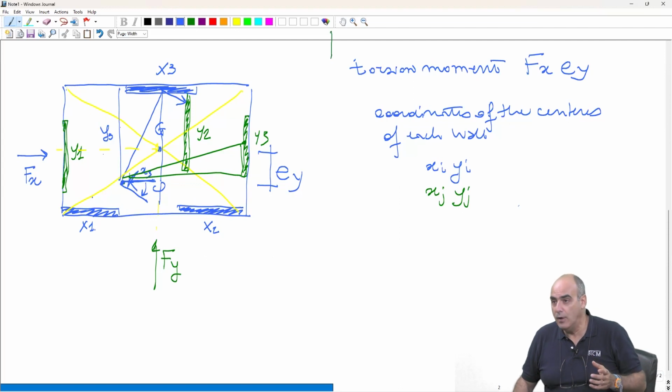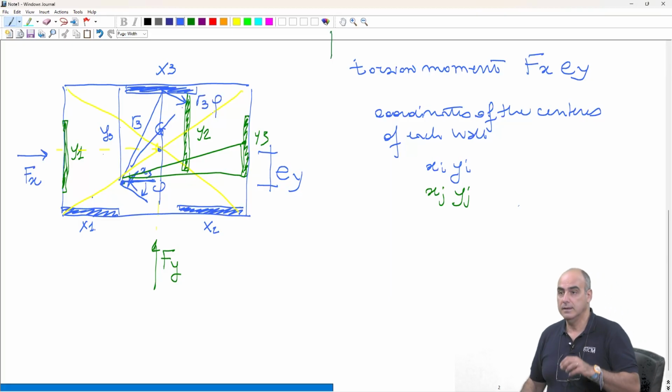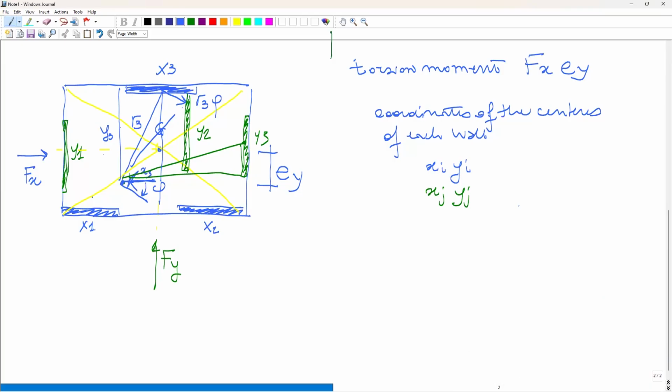And how big is this displacement? Well, if this is the radius, R3, this one will be R3 times phi. Here, there is another important assumption that tomorrow we will see how to take partly away. Actually, you see, the point will make a trajectory which is a small segment of an arch, of a circle arc.